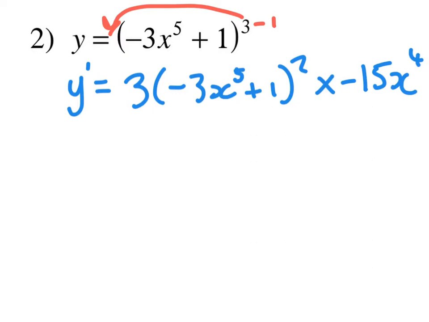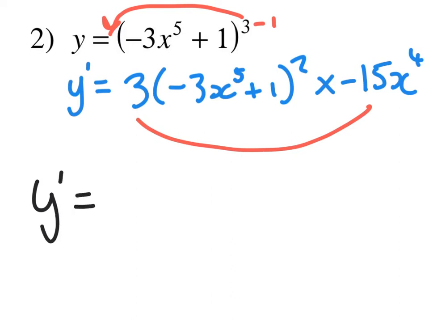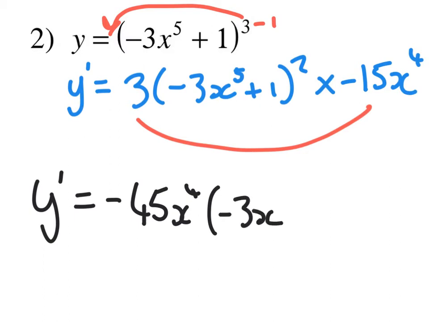So now I just need to multiply the 3 by the minus 15x to the power of 4. So we end up with minus 45x to the power of 4 multiplied by (minus 3x to the power of 5 plus 1) all raised to the power of 2.